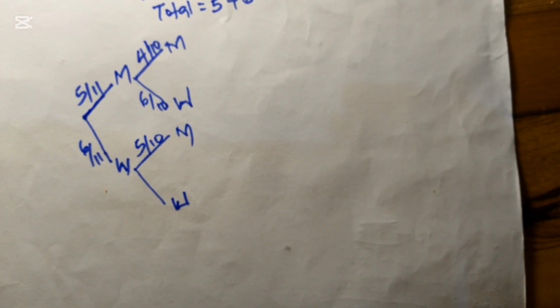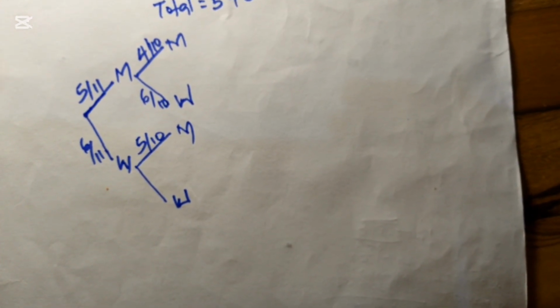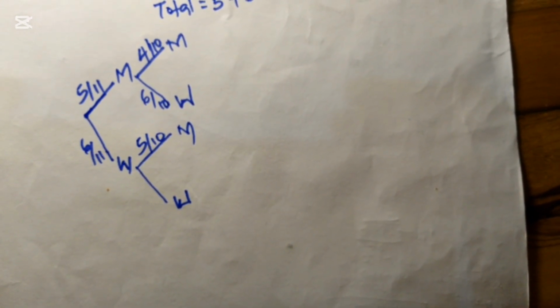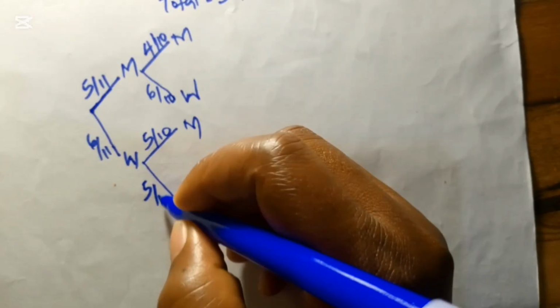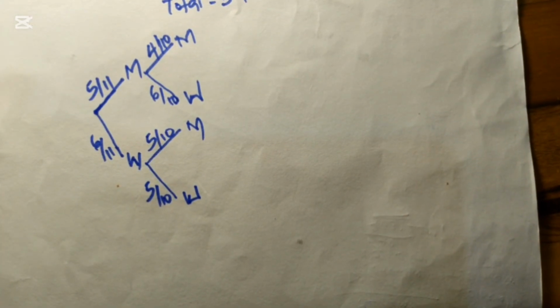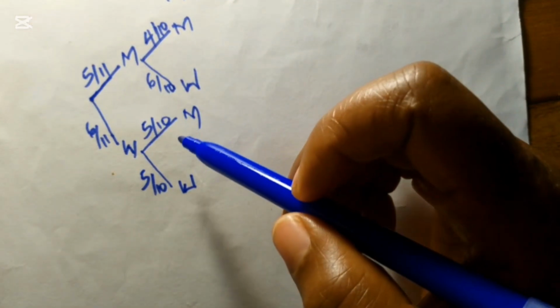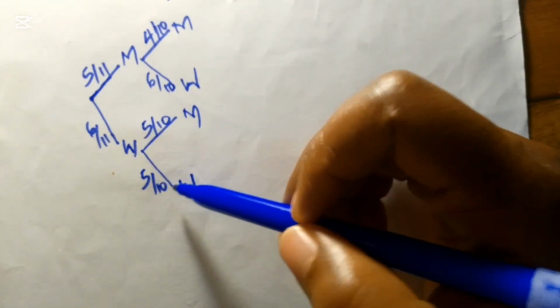Then in the second case, a woman is picked, so the women were 6, so they are going to remain 5 out of 10. Okay, so now we'll have 5 over 10 plus 5 over 10 is 10 over 10, so you are sure that your probabilities are very correct.